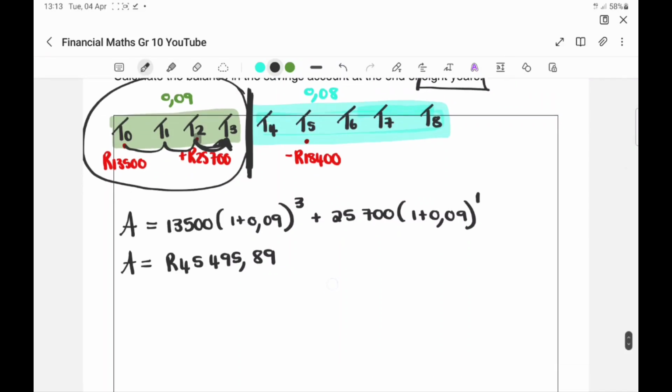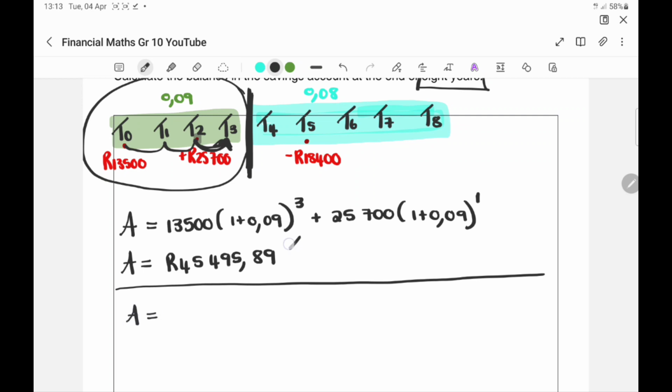Now, for the next sum, we go into our next period where the interest rate changed to 8%. So now we're going to start off a new sum and say A is equal to, now what am I investing now? I'm investing that 45,495 and 89 cents. And that is there from the beginning. So when you do a bunny hop, you have to bunny hop from term 3.